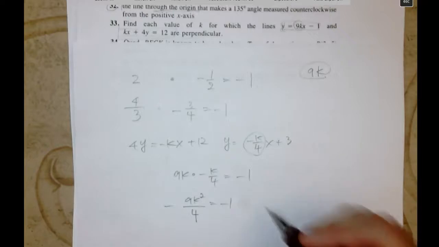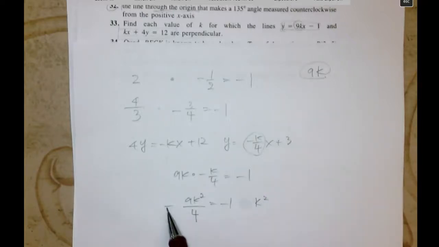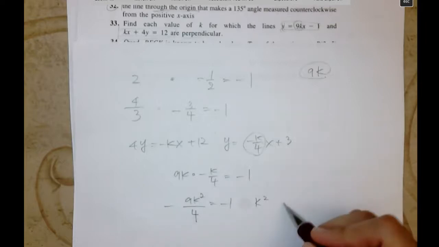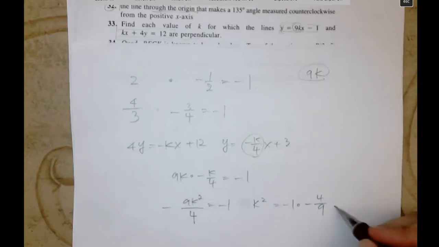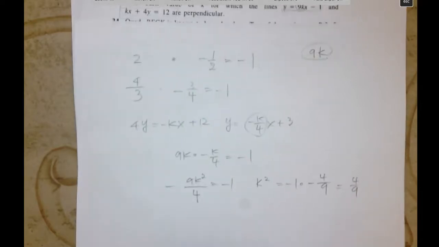Okay, so k squared is, you multiply both sides by -4/9. So, -1 times -4/9, which is 4/9. Right? So, that means k has to be the square root of 4/9.